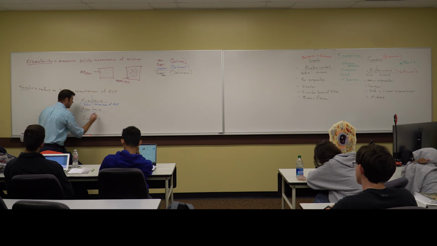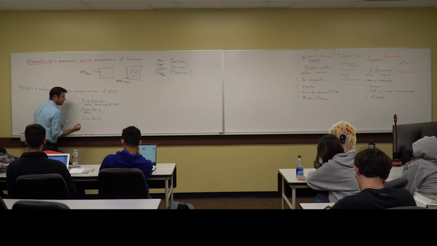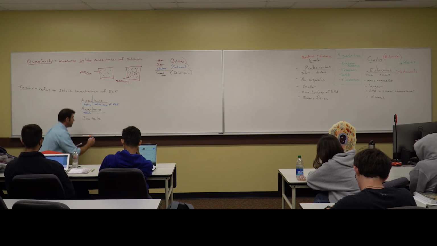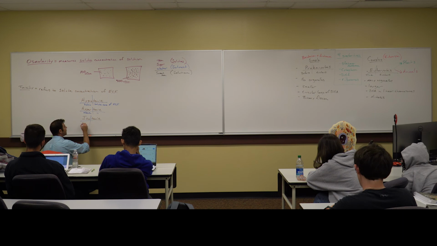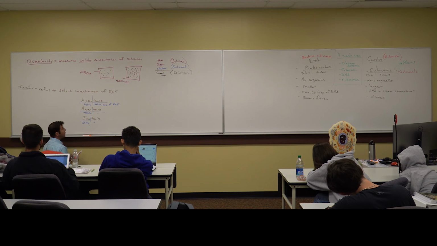Hypertonic is telling us if this extracellular fluid is above or higher than the solute concentration of the extracellular fluid. Isotonic is just telling us the same, and then tonicity is telling us solute concentration of extracellular fluid.